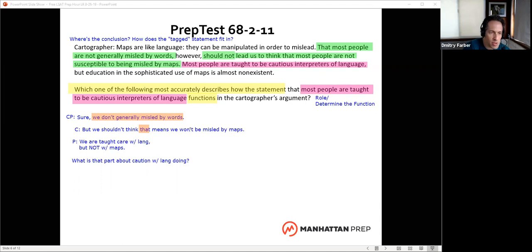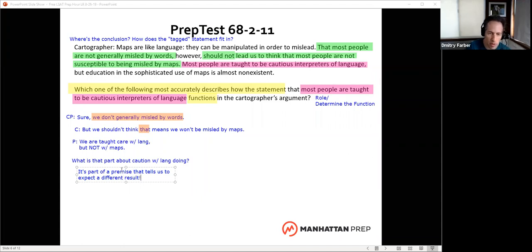So it's a presupposition, it's a principle, but notice it's really supporting the author's point. It still is a premise, right? It's part of a premise, right? And it's part of a premise that's telling us what? How is the author's argument proceeding? It tells us, in a sense, to expect a different result, right?